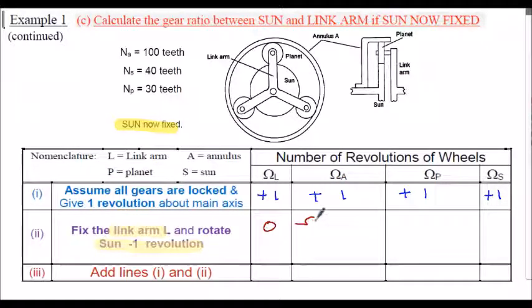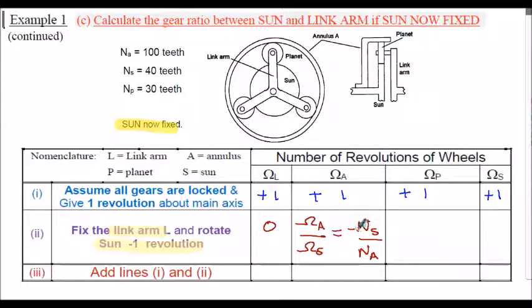So the speed of gear A divided by the speed of gear S. That would be, in this case, the number of teeth on the sun, gear S, over the number of teeth on the annulus, gear A. Now we will have to put a negative in this situation because the sun and the annulus go in different directions.